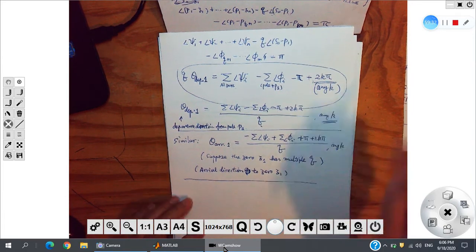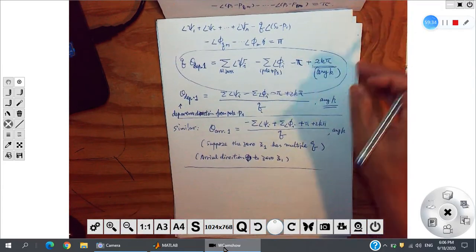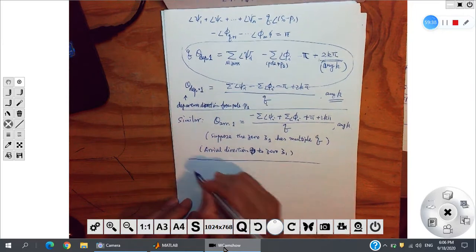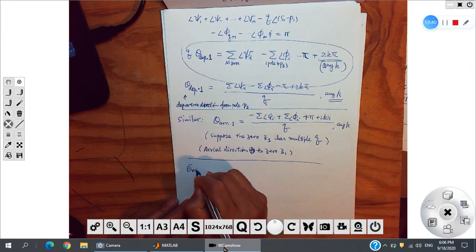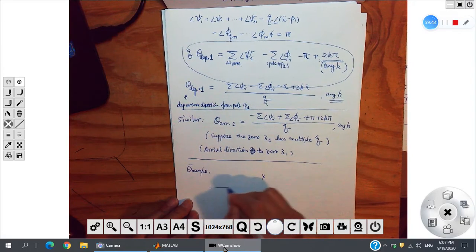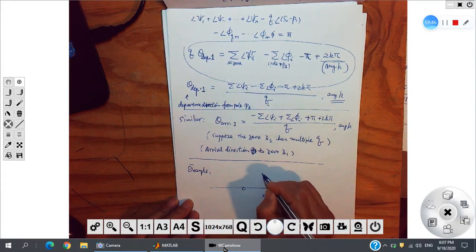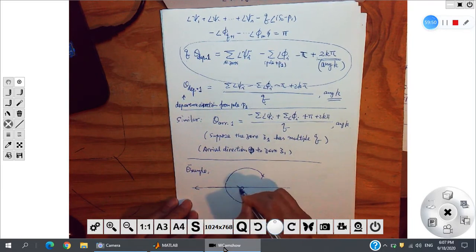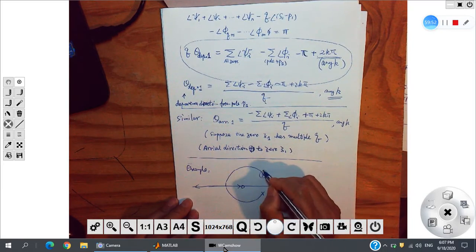Alright, now we can study the example. We go back to the example, and we can know the direction. That one, right? We have these. It will be a curve that looks like this, right? Okay, what is the direction here?